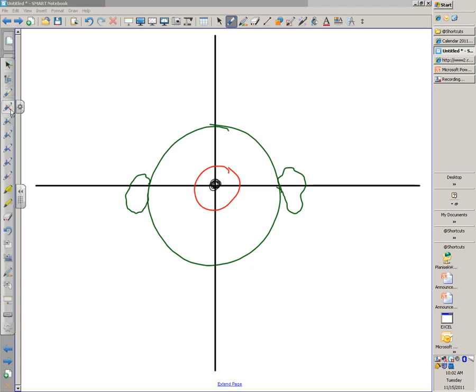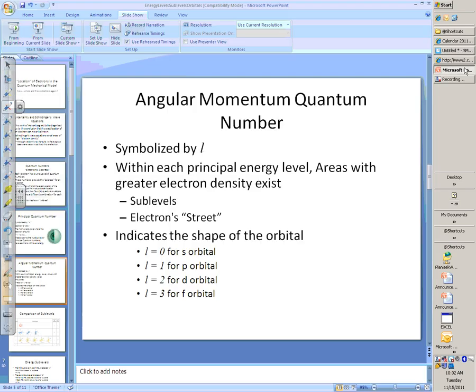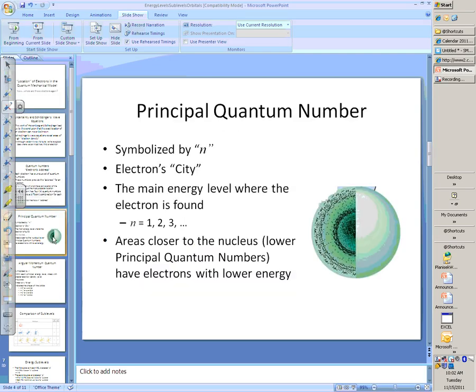The red represents principal energy level 1. That's like the first ring, that first dark circle on Schrodinger's picture. Do you want me to go back to the picture? No. Okay. That's principal energy level 1.